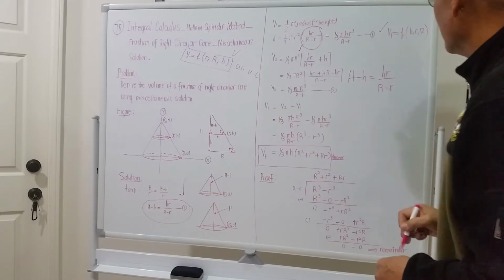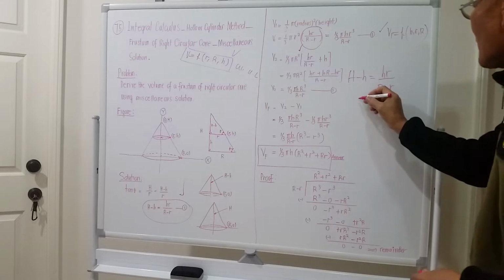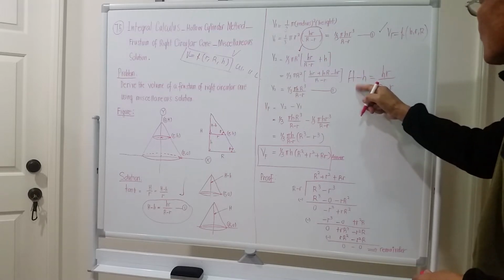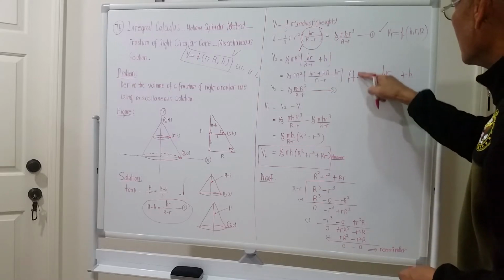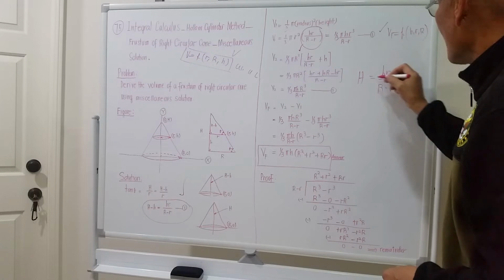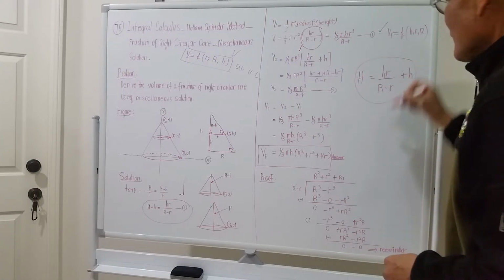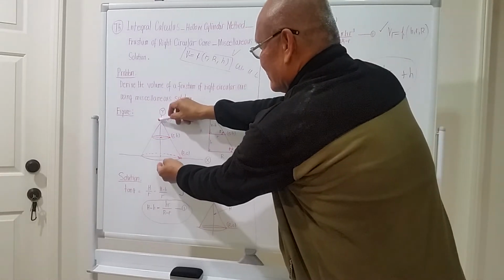We are solving for capital letter H. So if we transpose this one to the right, this is plus h, we could remove this one now. And that is capital letter H. And what is that capital letter H? Capital letter H is actually the total height of the bigger cone.